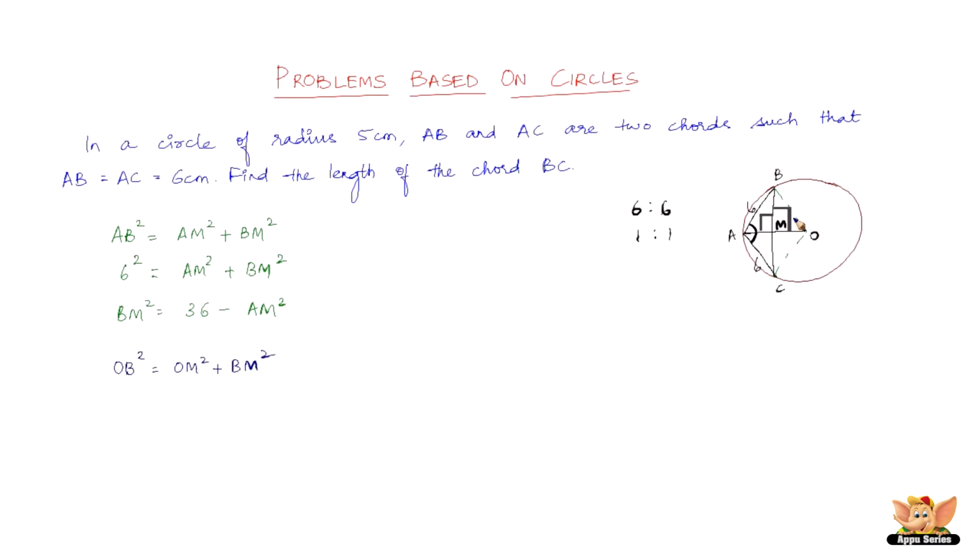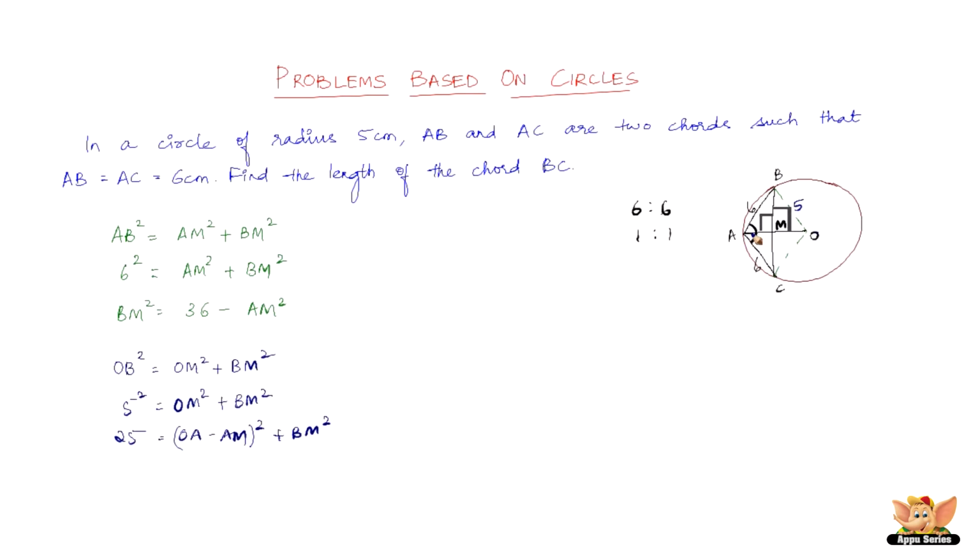We know that OB is the radius of the circle, so this length is 5. So 5 square equals OM square plus BM square. We also know that OM equals OA minus AM, so it is OA minus AM the whole square plus BM square.